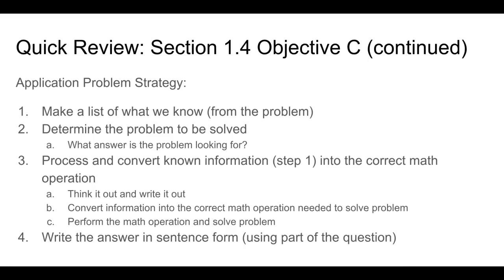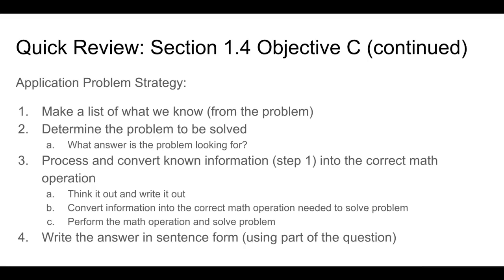The first thing you want to do is make a list of what we know from the problem. Whatever information is provided in the problem, you're going to want to make an actual list of those things. The second thing is to determine the problem to be solved. You're going to ask yourself, what answer is the problem looking for? And you're going to write that down.